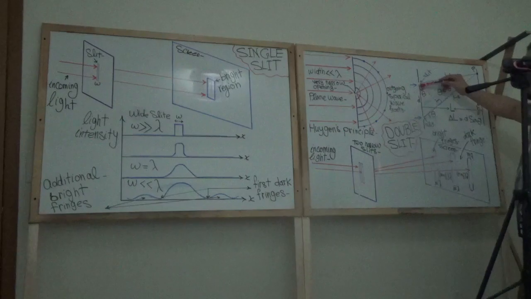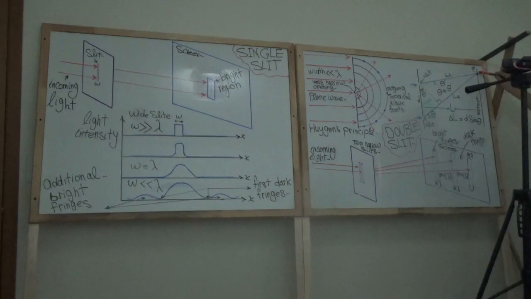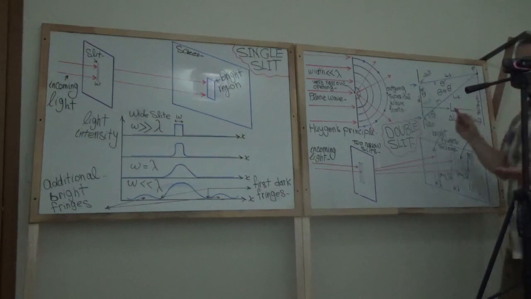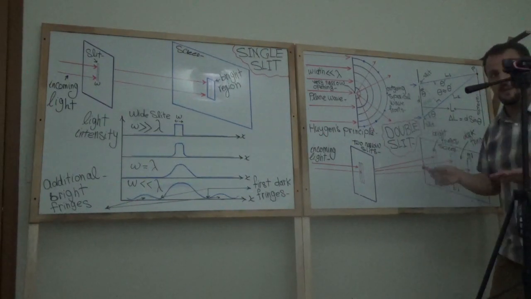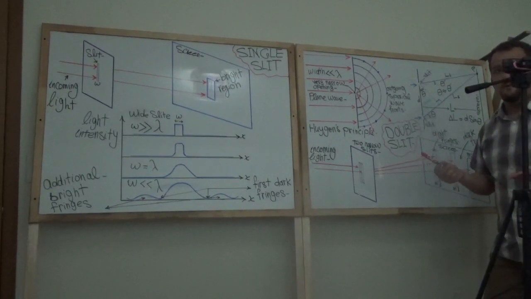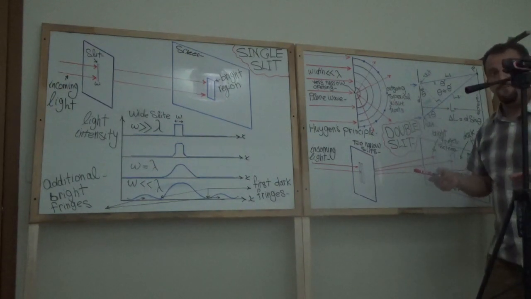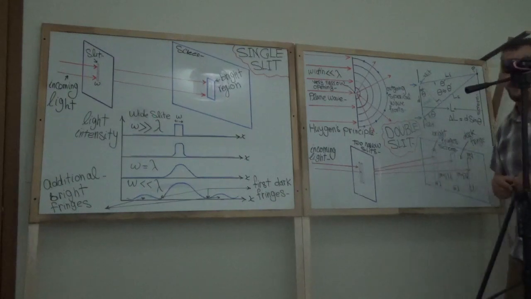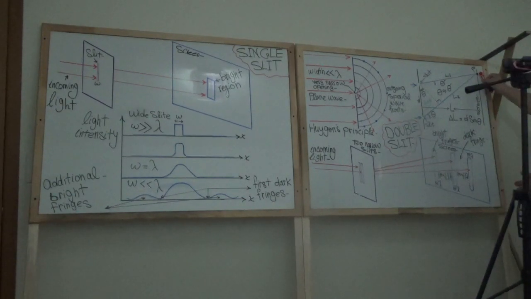There is a distance between them. And here we have a bright point. This point can be a bright point, like constructive interference, and it is also possible to be a dark point or dark fringe, destructive interference. So that's possible.